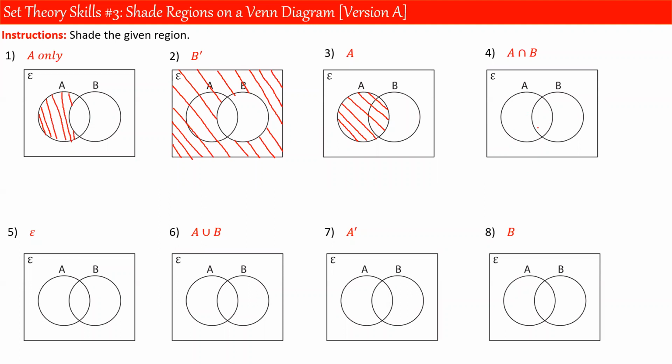Okay, Bastian, yes. Very good. Okay, just where they intersect. Good. All right, and the universal set. Help me with that.